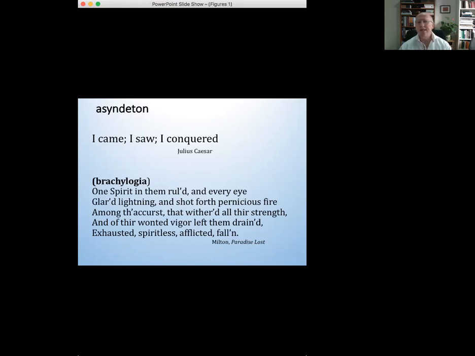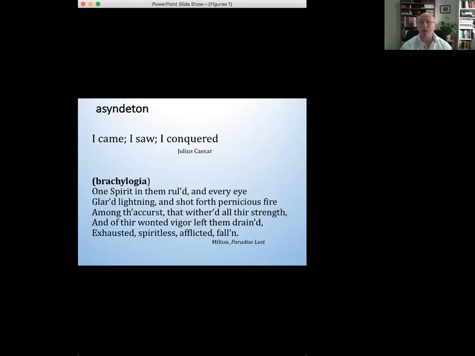Here's another one. Sometimes the term brachylogia is used to refer to the figure where the items in the list are not clauses or sentences, but single words. So we have that type of figure, whether we call it asyndeton or brachylogia.